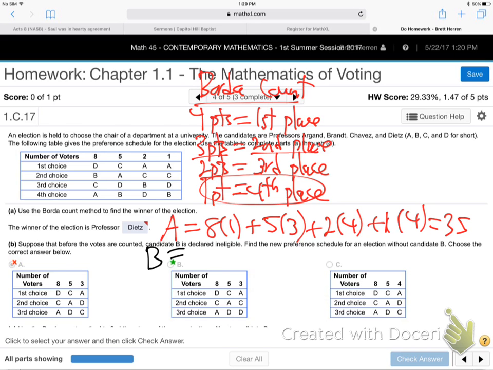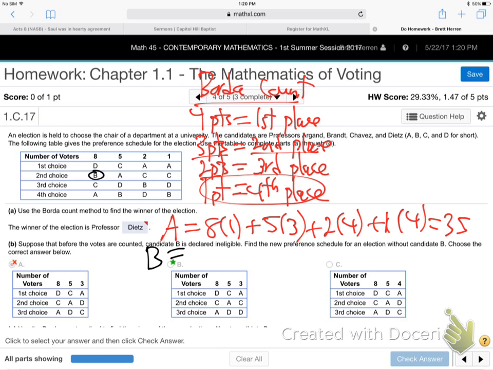See if you can calculate how many points B gets. Give it a try. So, I'll go through it with you.